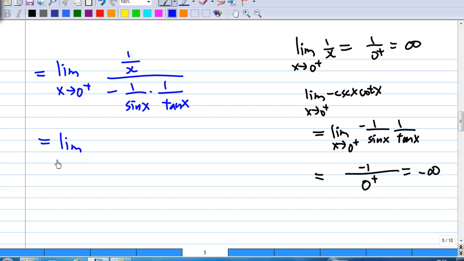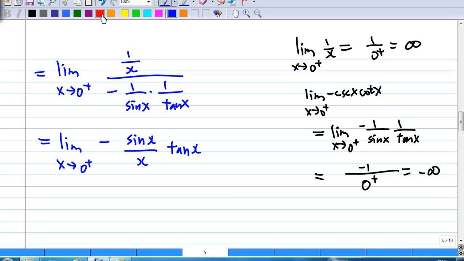This is equal to negative of sine x over x, by multiplying the numerator and denominator by sine x tangent x.